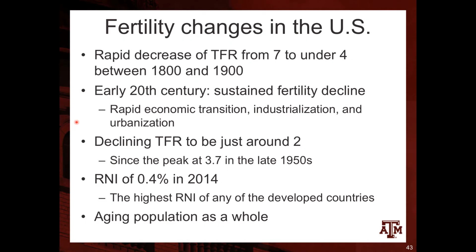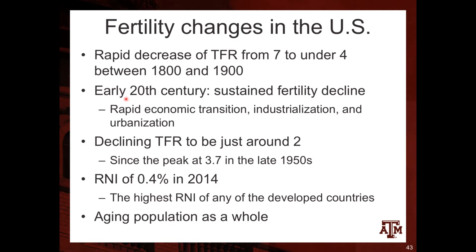So on slide 43, fertility changes in the US, we have seen in these last centuries a rapid decrease of the total fertility rate from 7 to under 4 children per woman. So this drop from 7 to 4 happened between 1800 and 1900.